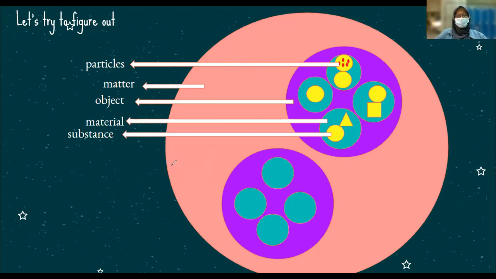Matter includes everything around us, and this matter is made up of many objects, which is the purple one, and these objects are made up of many materials, the blue one, and materials are made up of substances. I made three shapes of substances to represent solid, liquid, and gas. And these substances are made up of particles, which are very small parts of substances.